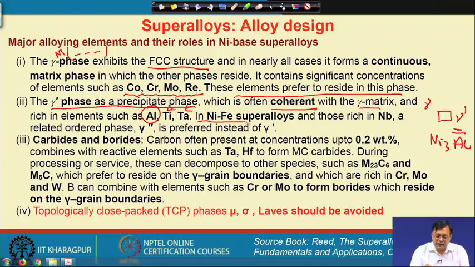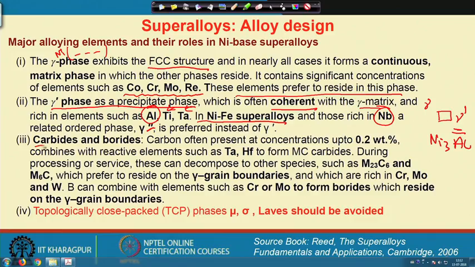So, in the case of nickel-iron superalloys, niobium is often used, which is related to the formation of the gamma double prime phase. Now, for grain boundary strengthening at higher temperature we prefer carbides and borides.